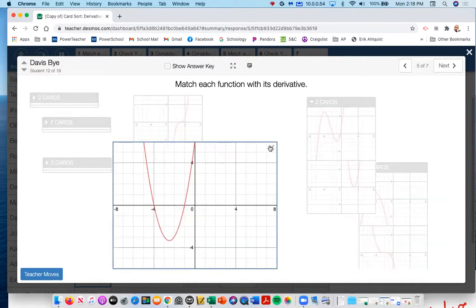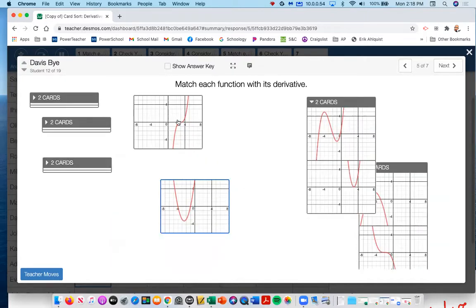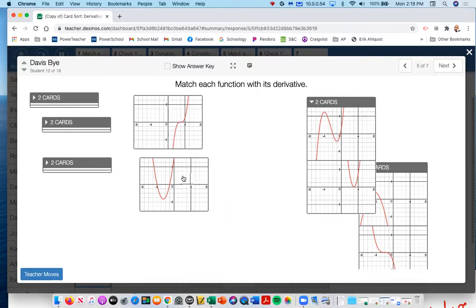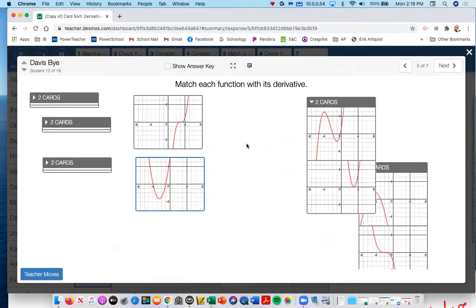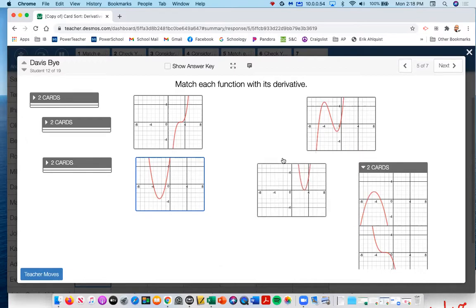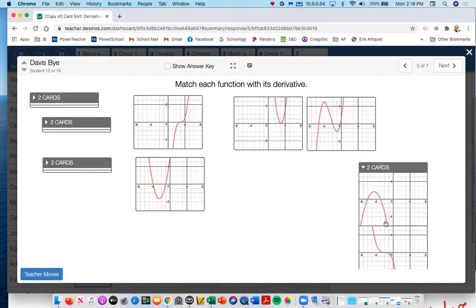Yeah, something's not right. Like these two, I don't think go together. I think something is not right with those, and I don't think those are right either. Do you think those ones are good? I don't think so. Let me look.